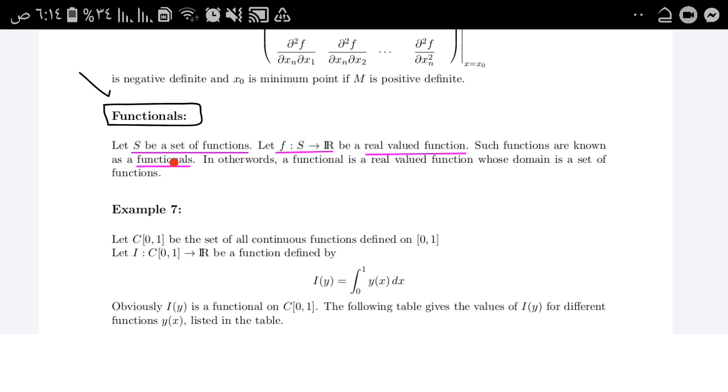Okay, a function whose domain is also functions is called a functional. Let me say again, a function which its domain is also functions is called functional.